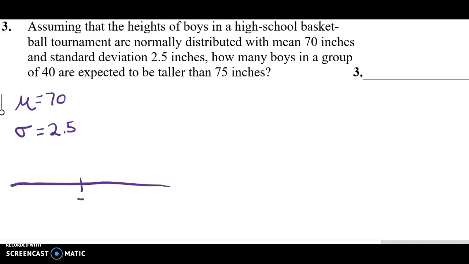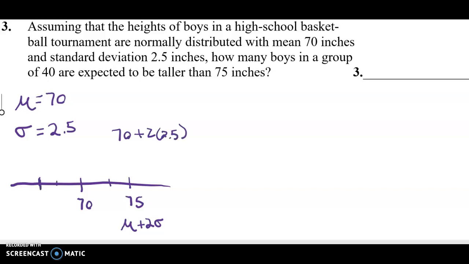So if our mean is 70, when I add two standard deviations above the mean, I get 75. So 75 is our mean plus 2 standard deviations, or 70 plus 2 times 2.5 equals 75.